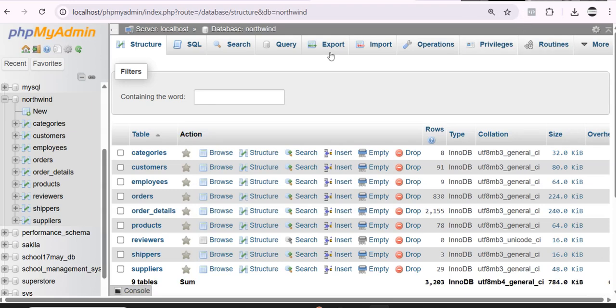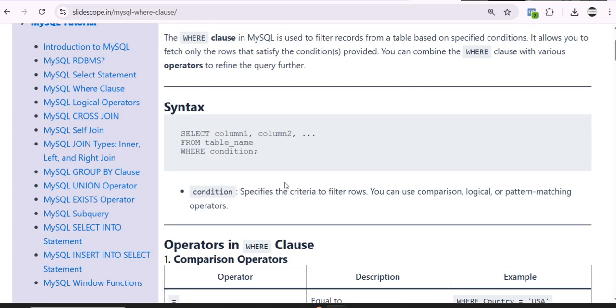So today we are continuing our discussion of SQL queries, and in our previous classes we studied some select statements with where clause.